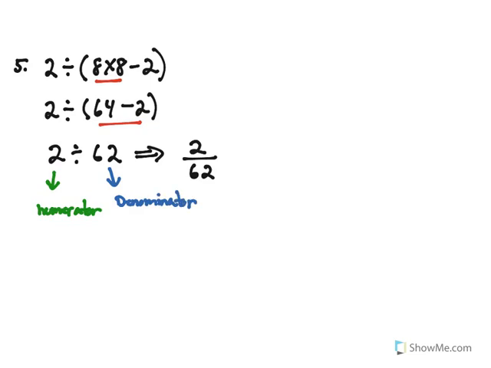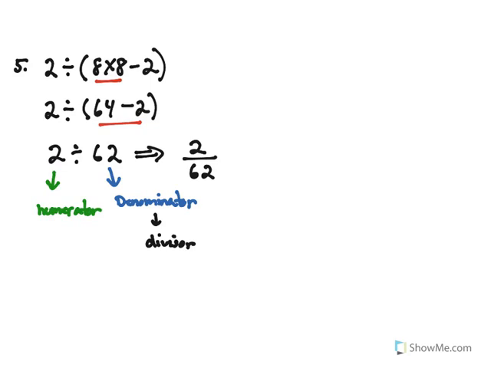All right, so it has to be in that order, all right? And the second number, okay, that's referred to as the divisor. And that's the number doing the dividing, all right? So we want to put that in the denominator, 2 over 62.